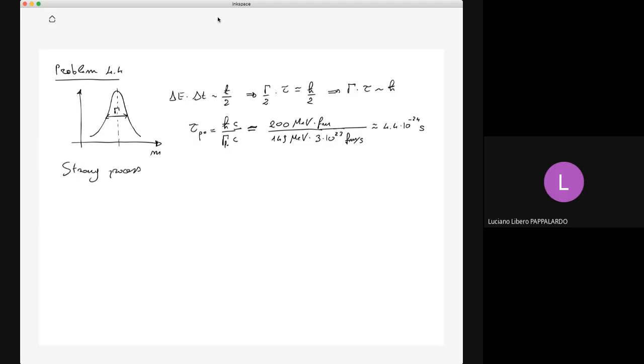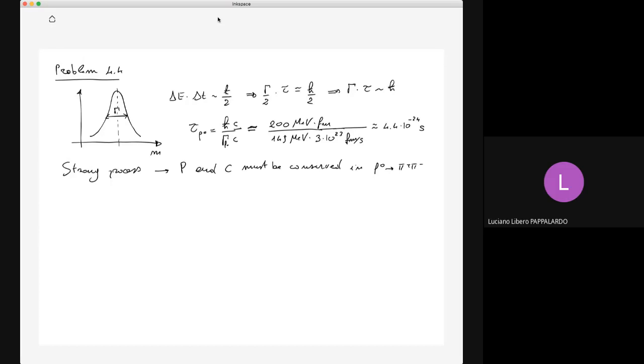As we have seen yesterday, this implies that both P and C must be conserved in the decay, because only the weak interaction does not conserve parity and charge conjugation. So both P and C must be conserved in the decay of the ρ0 into a π+π- pair, and we will make use of this.